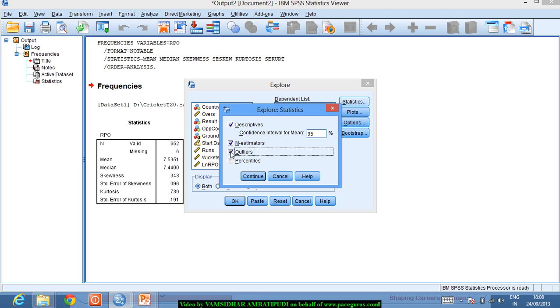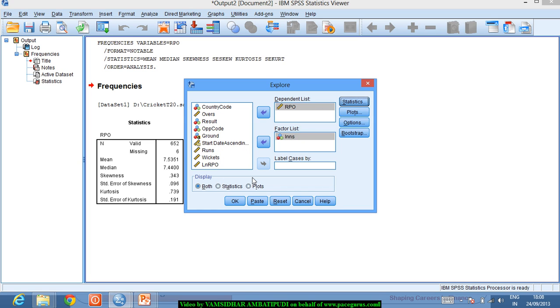And I also go with outliers. I want to see what kind of outliers are present in both the first innings data as well as second innings data. So I would like to go for identifying the outliers also. As far as statistics is concerned, I would be taking these particular values.